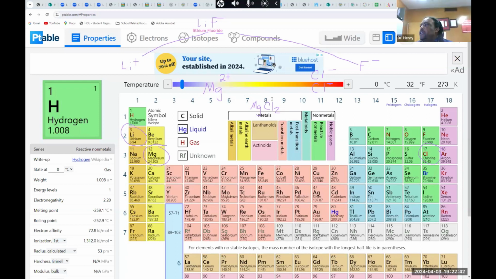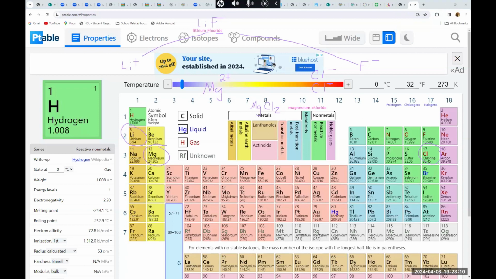Because we always rely on them balancing out each other's charges, we never have to tell how many we have of each. Does that make sense? We're relying on them balancing out each other's charges. Magnesium chloride. Okay?